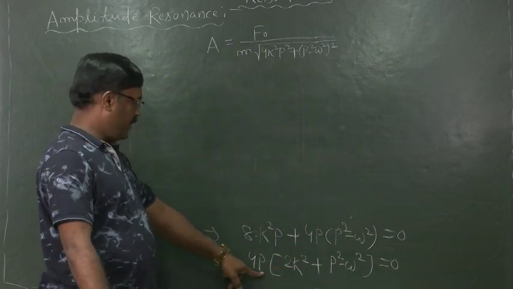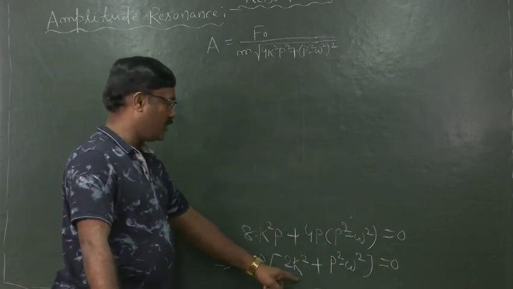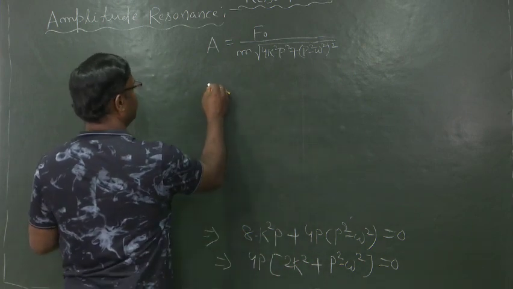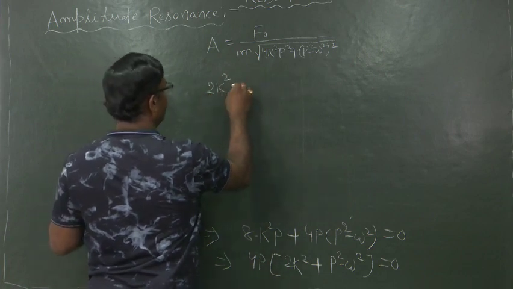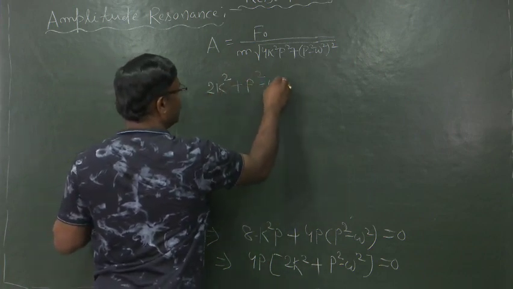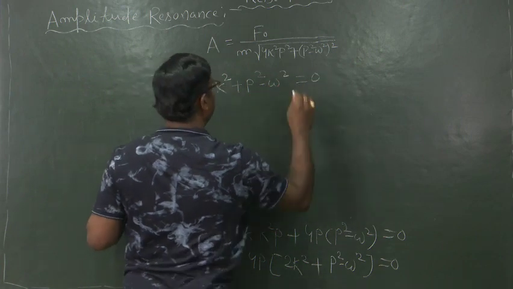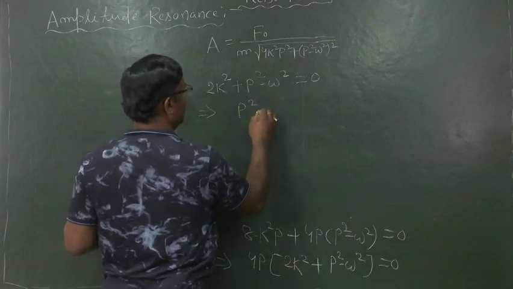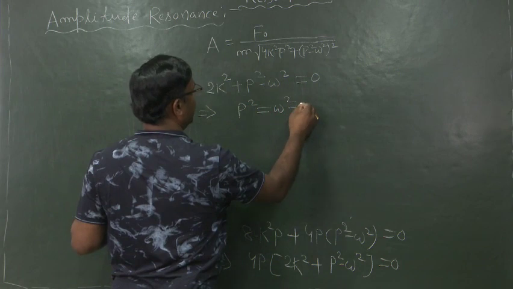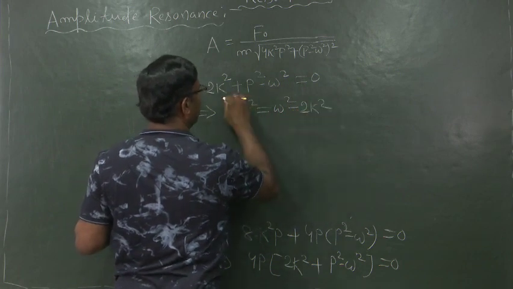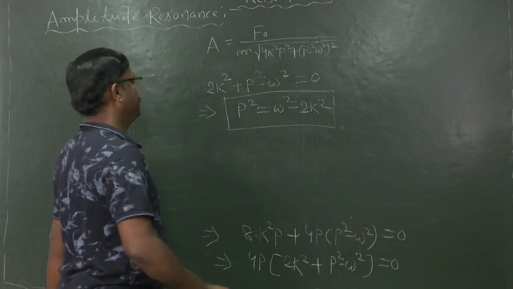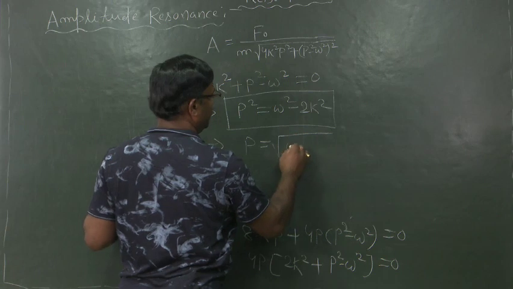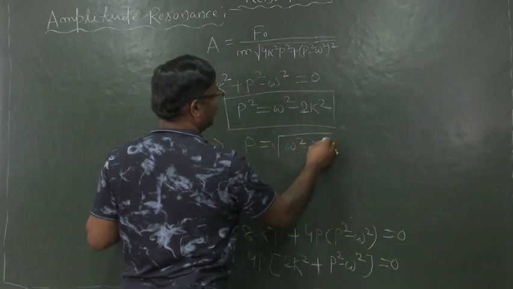To justify this equation, we can write 2k square plus p square minus omega square is equal to 0, which implies p square is equal to omega square minus 2k square, which implies p is equal to root over of omega square minus 2k square.